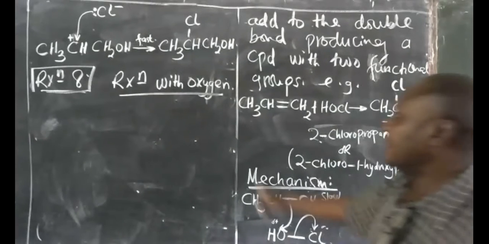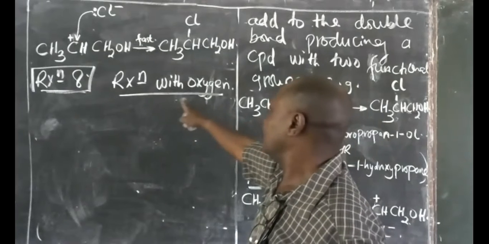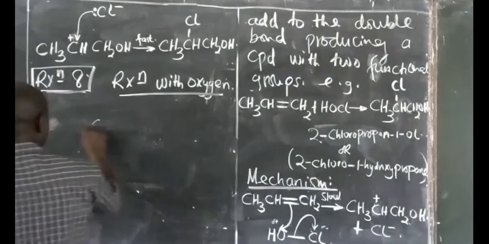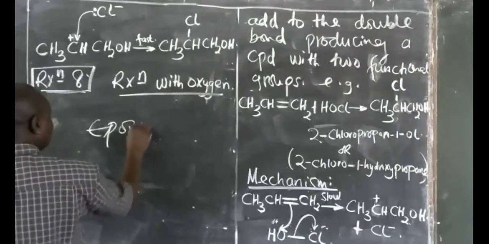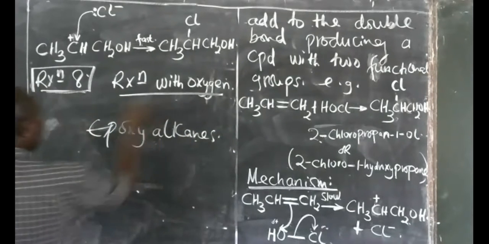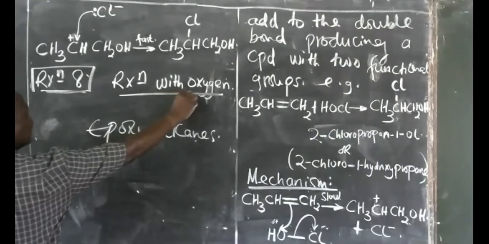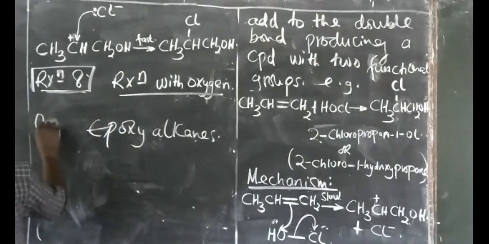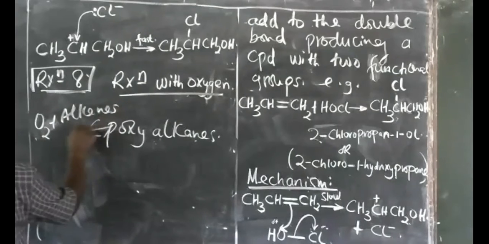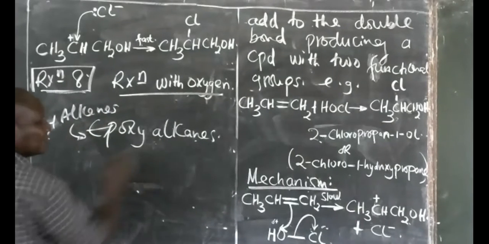Now, the alkenes can react with oxygen to give us what we call epoxy alkanes. So the oxygen reacts with alkenes to give us epoxy alkanes.